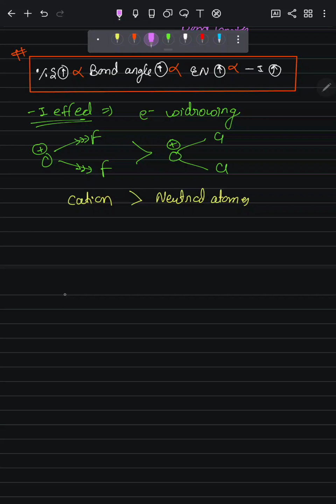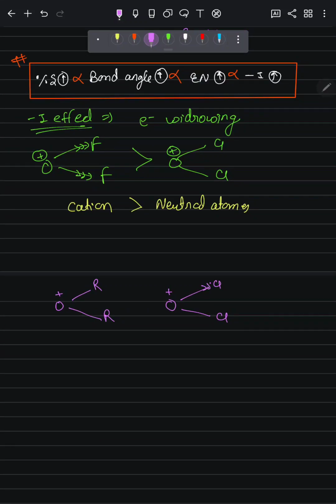If we take an example of oxygen plus with an R group, an alkyl group, and an oxygen plus with a chlorine group. So here, who will show more minus I effect? The possibility of finding an electron on chlorine is more due to its electronegative nature.